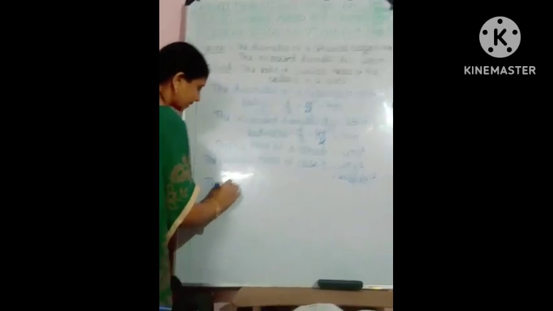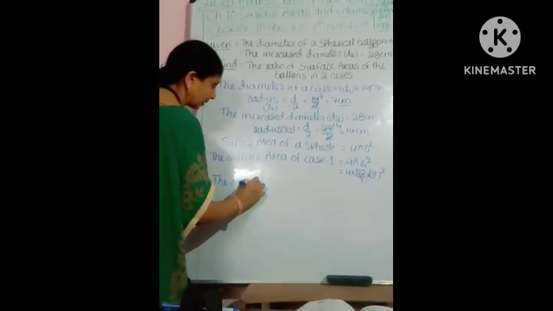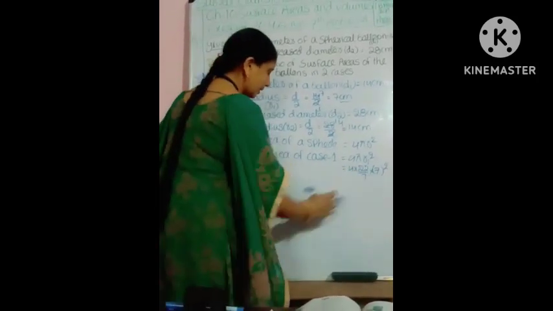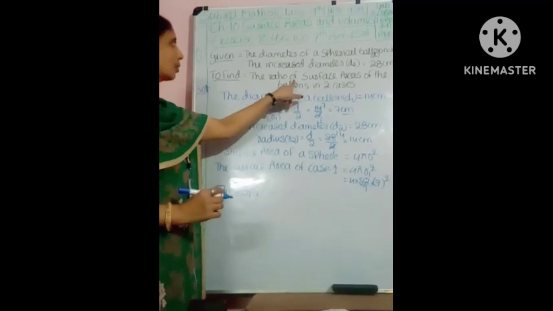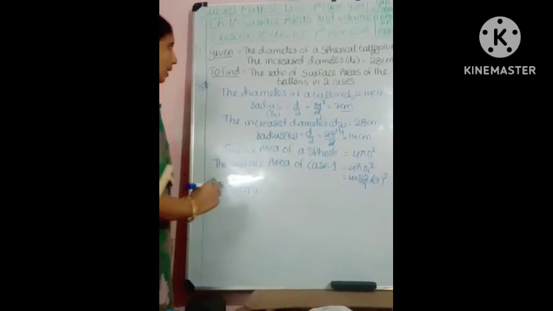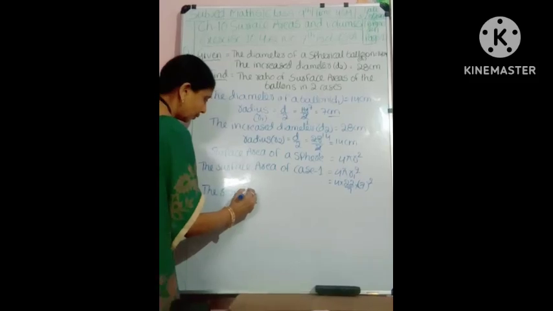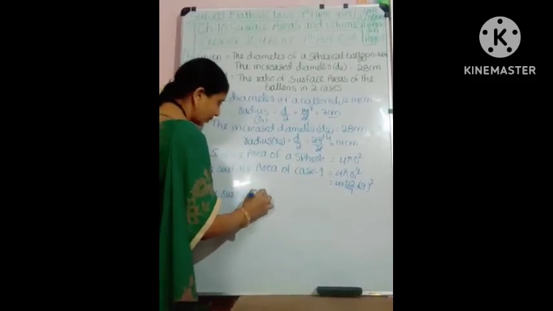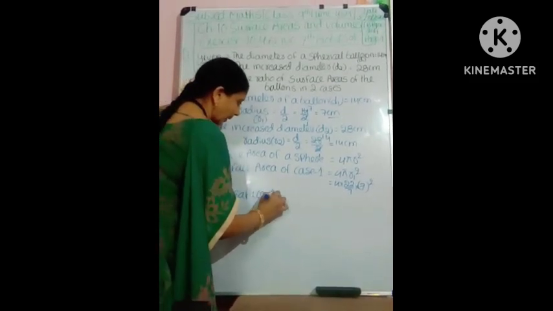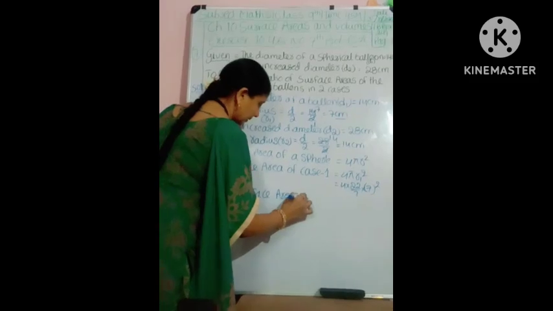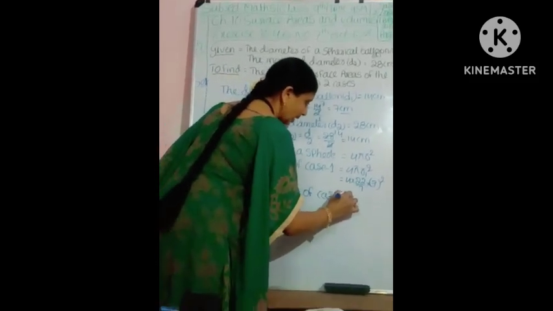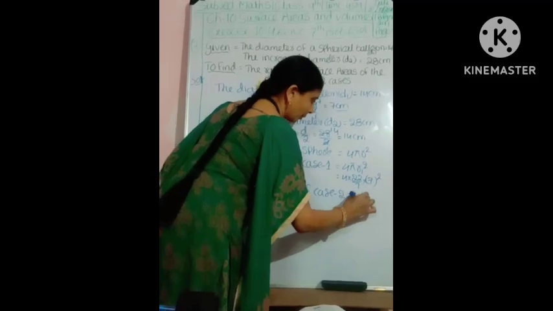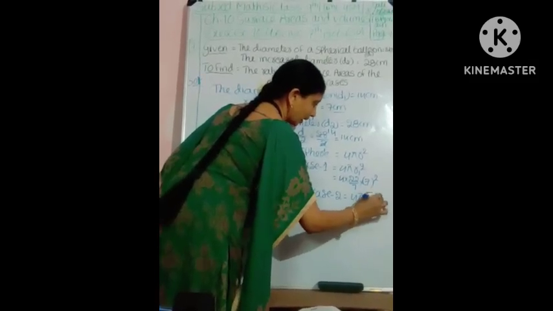Next, another one. Don't do the calculation here, because here we want the ratios. How to find out the ratio of the surface areas in the 2 cases? The surface area of case 2 is equal to 4πR2 square.